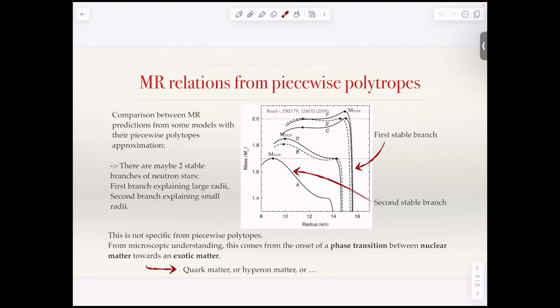In the way you produce them, you enter here, then you accumulate mass, and then you jump here and continue there. So in fact, the region of the second branch which is of interest is not the full region. It is the one for which you have a one-to-one relation between mass and radius. So you exclude the region where you have, for the same mass, two radii.